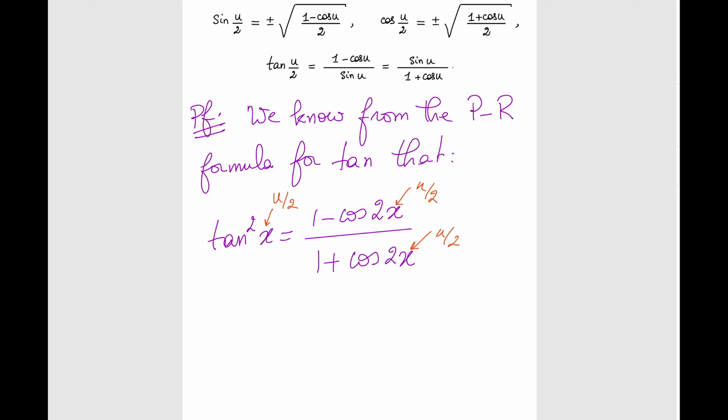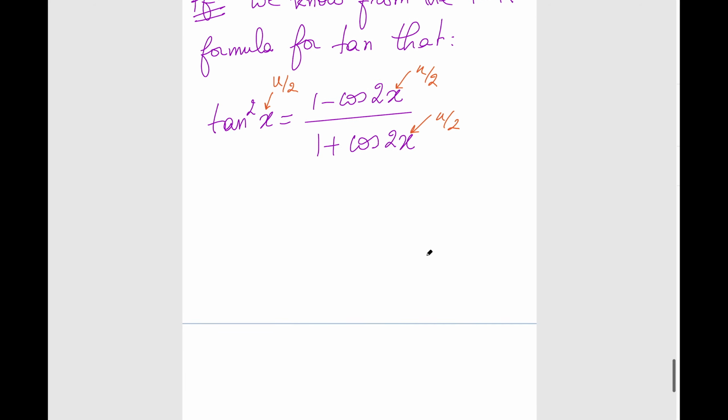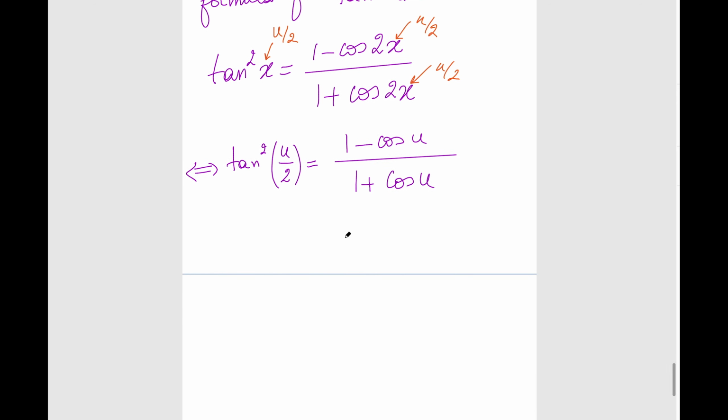So this formula becomes tangent squared of u over 2 equals 1 minus cosine of twice half of u, which means u, divided by 1 plus cosine of twice half of u, which also means u, right? So we get this.